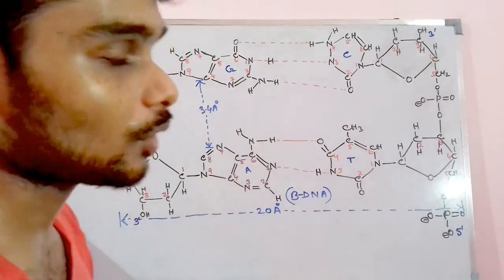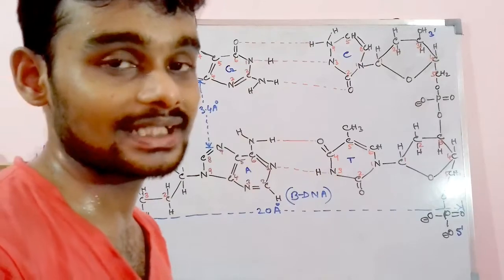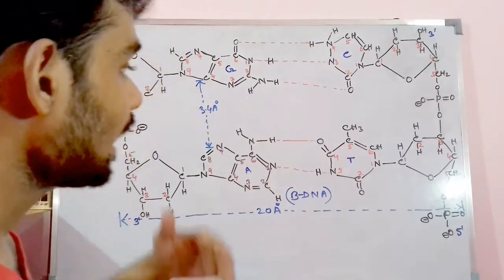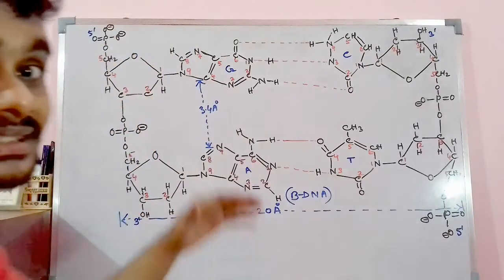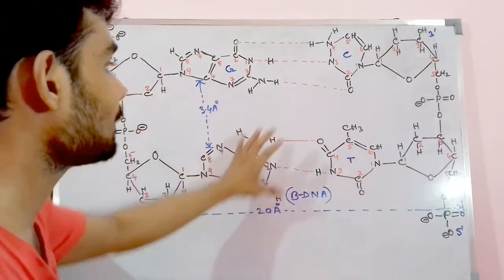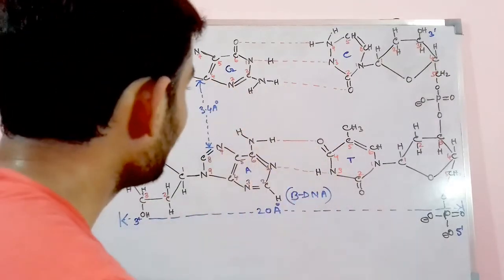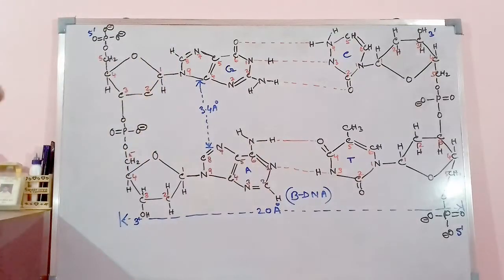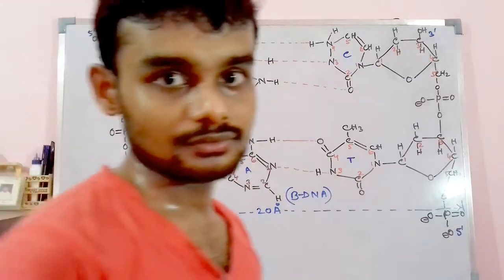This is what Watson and Crick mentioned when they discovered the form of the DNA, and this DNA later came to be known as the B DNA, because B DNA has all these distances among its base pairs. Now there was another scientist known as Erwin Chargaff.